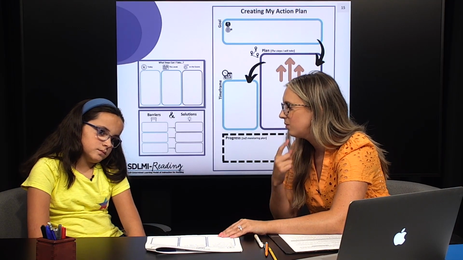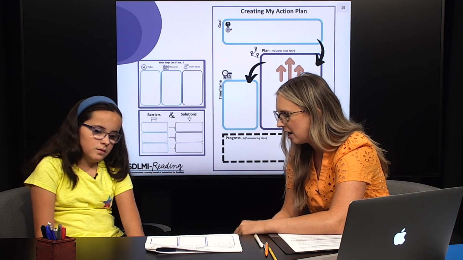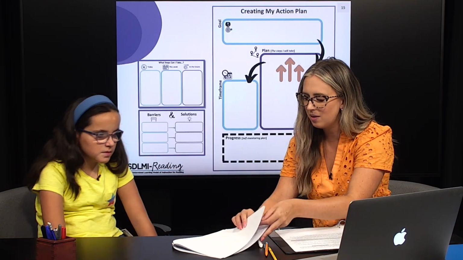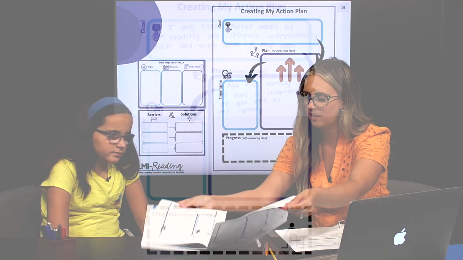If you're trying to read a chapter each day in a chapter book, what could be your first step of your plan? I could ask my family if I can buy a new chapter book or go to the library. That's awesome. That's a really good first step. So let's go ahead and record that.